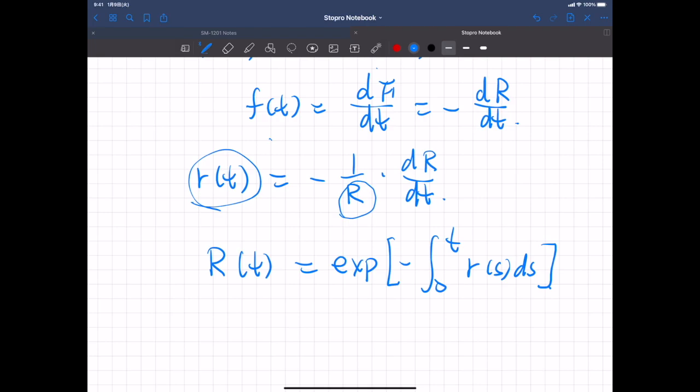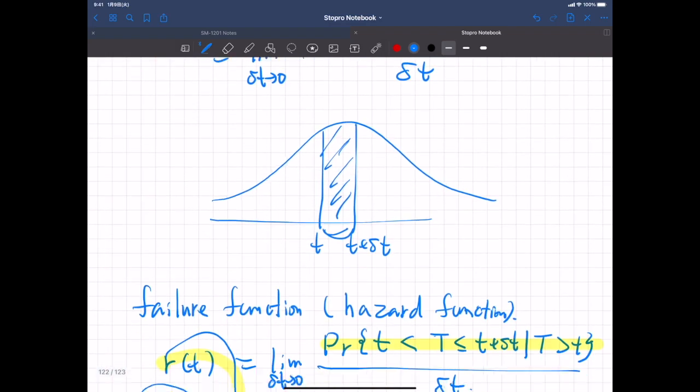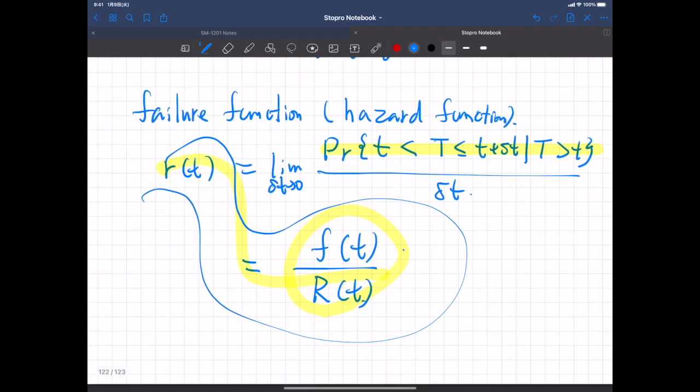So the significance of this equation is the following. By some experiments, you can measure this failure function by measuring the time to failure many times, given these conditions. So the time to failure is greater than some time, and after that, it fails within delta t.